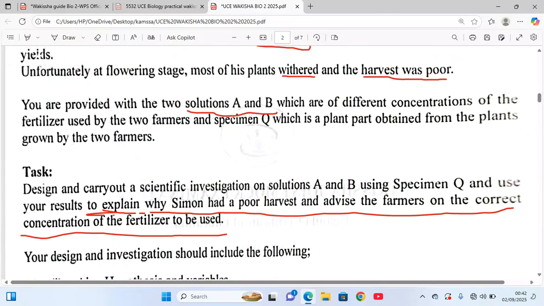You are provided with the 2 solutions A and B, which are of different concentrations of the fertilizer used by the 2 farmers, and specimen Q, which is a plant part obtained from the plants grown by the 2 farmers.